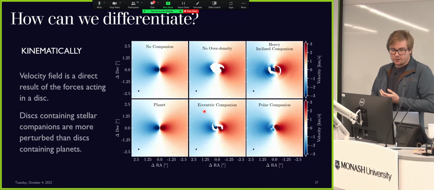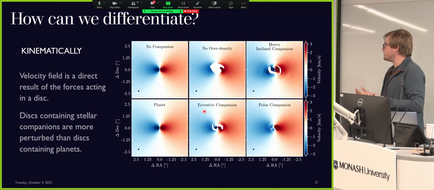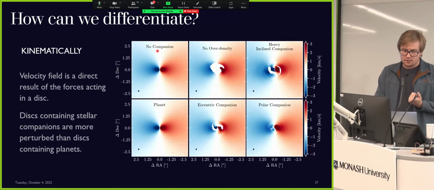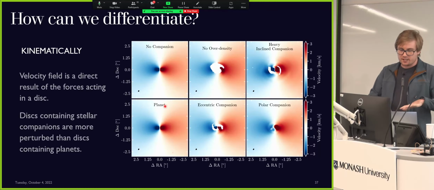We can also look at the velocity maps of the disk, and we can try and look for certain features that we only see in a circumbinary disk and not in a planet hosting disk. So in the planet hosting disk, the kinematics are relatively smooth, but in the circumbinary disks, they're strongly perturbed.